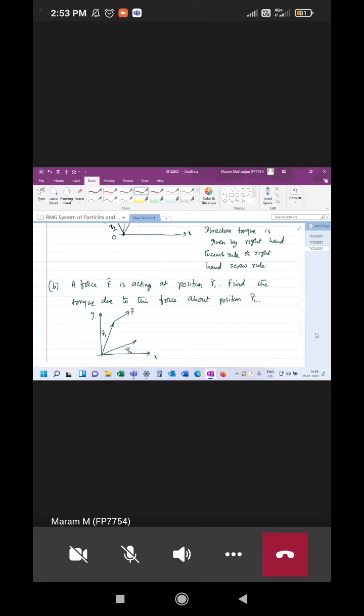So you want to find the torque about R2 bar, not about the origin. What will I do? I have to calculate torque about this point. You take this as the origin. That means basically take that as the origin. So with respect to R2 bar, this is the position vector. Do you agree? This is R1 bar minus R2 bar. Okay. With respect to this point, the position vector is R1 bar minus R2 bar.